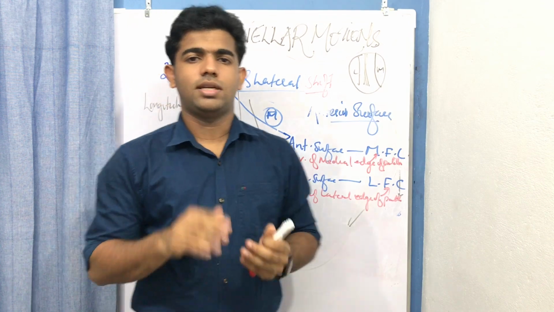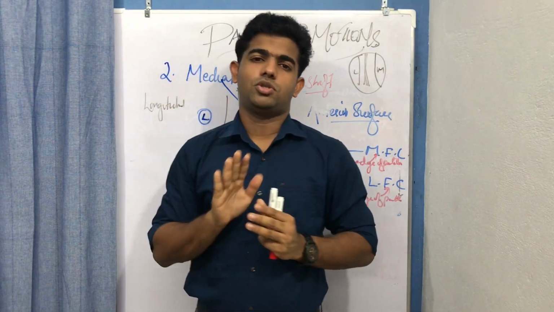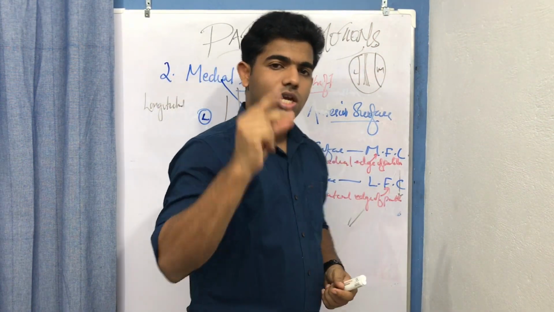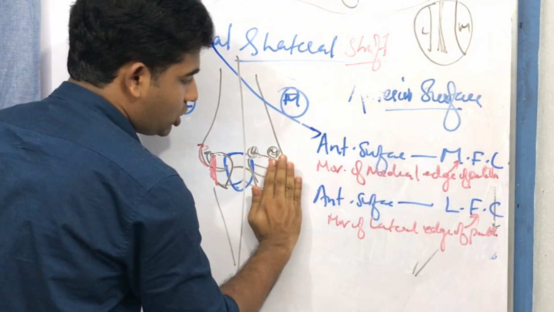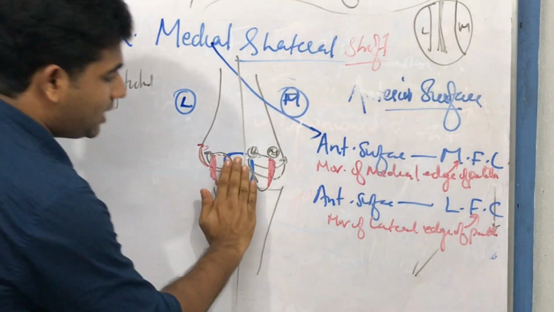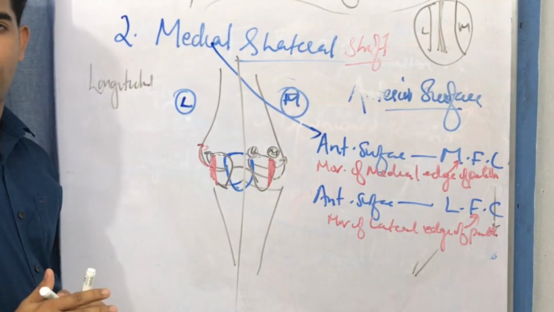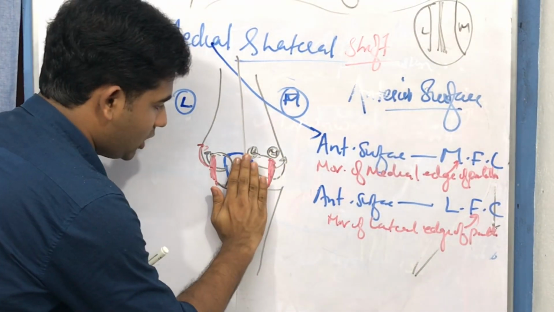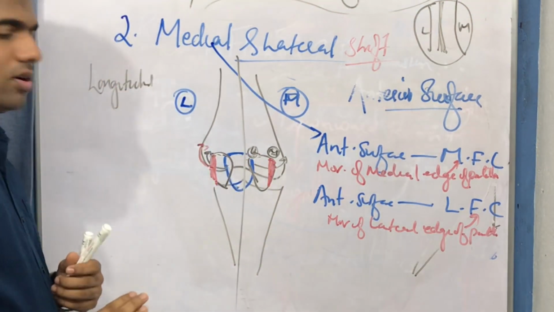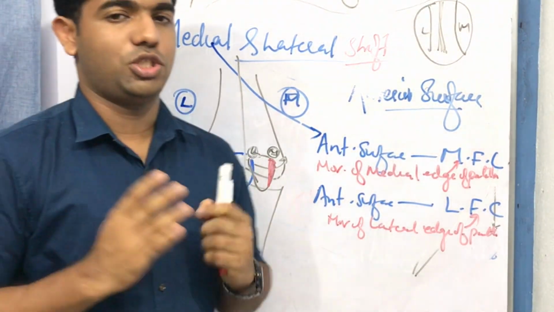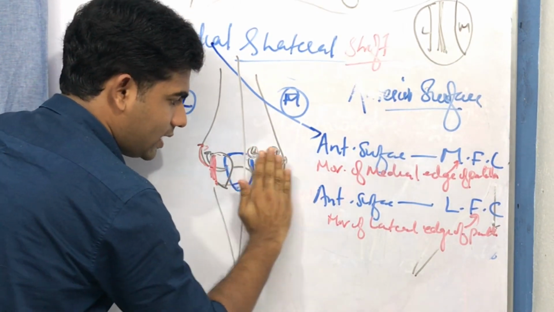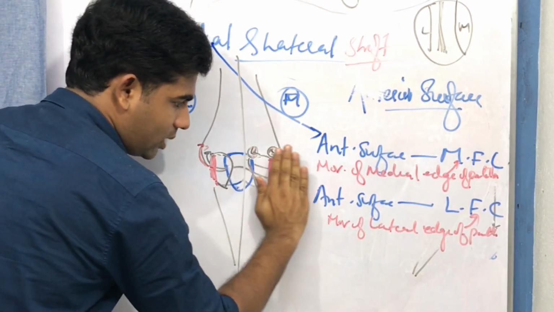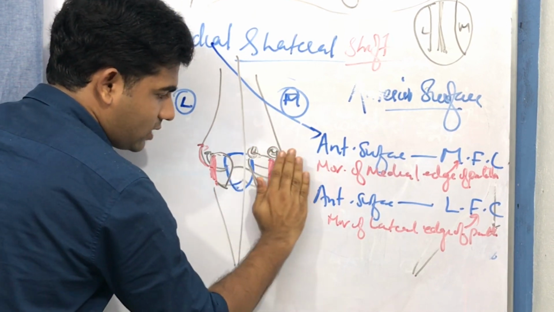Shift means just a change in position. So, medial shift of the patella means the patella moves close to the medial femoral condyle. And if it moves close to the lateral femoral condyle, that is the lateral shift. And you know this is a translatory motion. This is not a rotatory motion, it's a translatory motion.